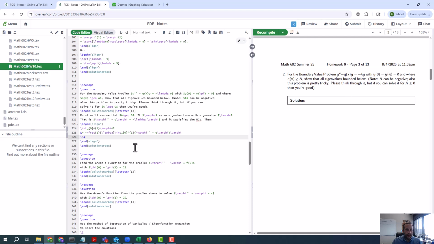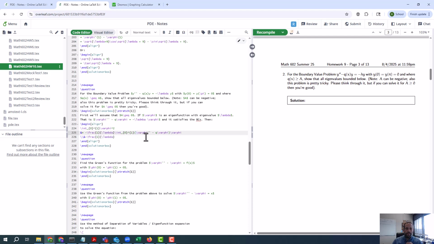Now we're going to do a little integration by parts, so I need to be careful.